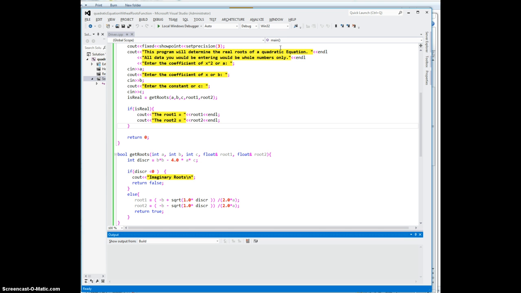But of course, there is a possibility that b squared minus 4ac is actually negative. In that case, we'll get imaginary roots. And I can easily simulate that by making c a positive and large number and b a positive number also.